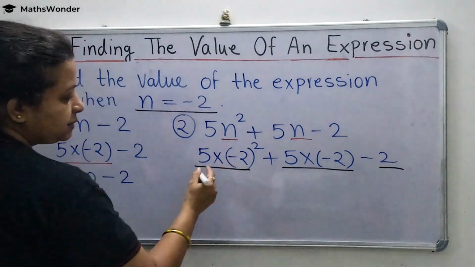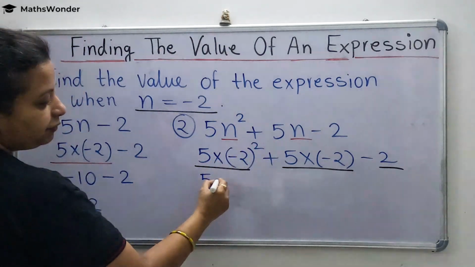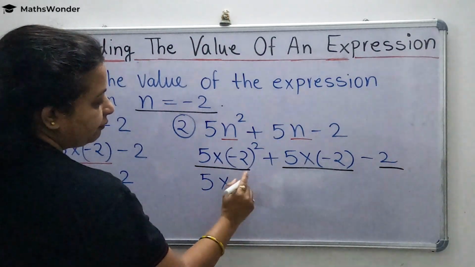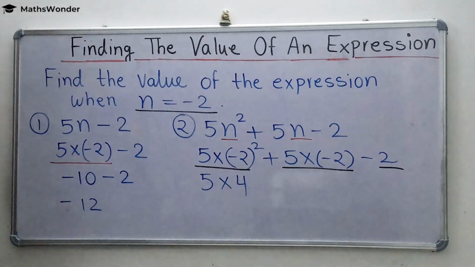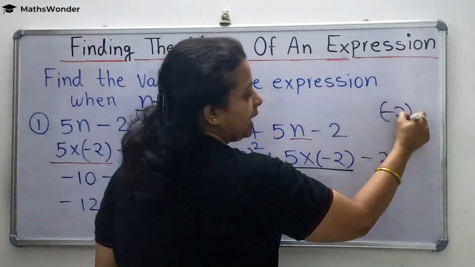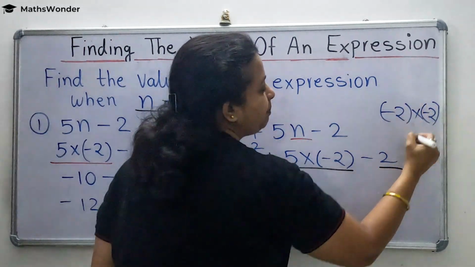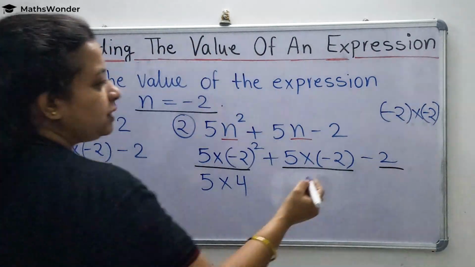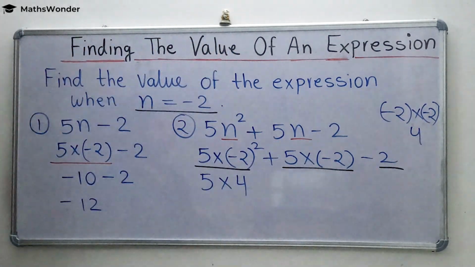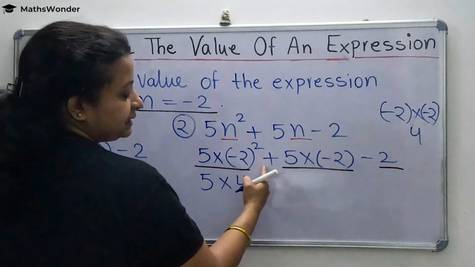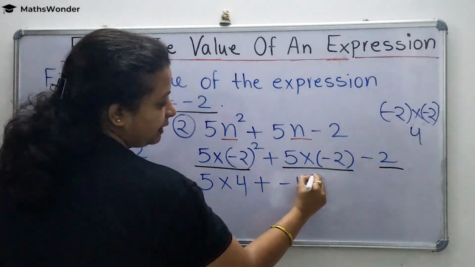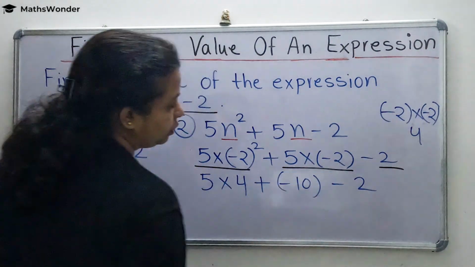So 5 times negative 2 square: negative 2 times negative 2, applying the integers rule, 2 times 2 will be 4 and both are negative, so your answer becomes positive. So it's a 4. Then 5 times negative 2 will be negative 10, and negative 2.